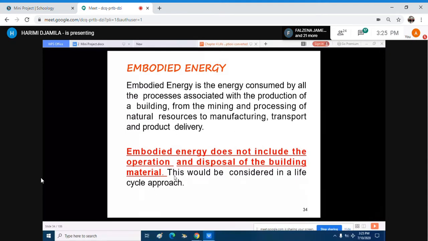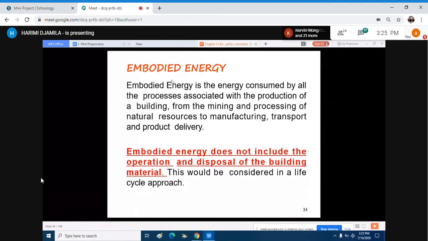If I have a company, for example, I would probably be more interested in the embodied energy of a product, rather than disposal and operational. But if the decision is at the government or upper level, of course you would spend a lot of money during the operational stage, so it should be considered, and disposal should also be included.